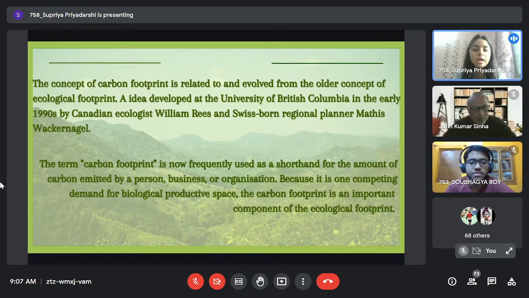The calculation of carbon footprints is beneficial in a number of ways, like for publicly reporting greenhouse gas emission and raising awareness, for setting a target of reducing those emissions, and also to identify which activities contribute the most. Now I will hand it over to Shubhranshu.